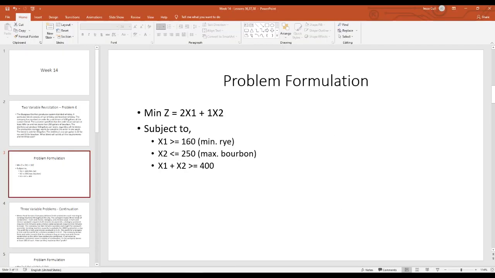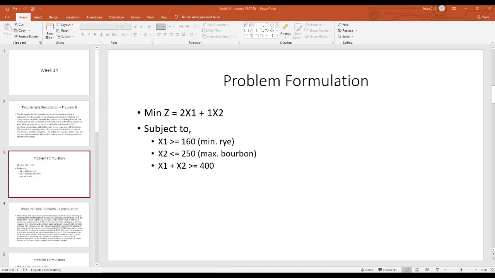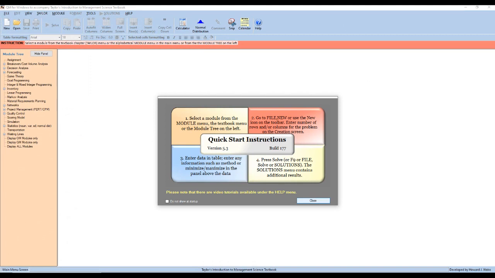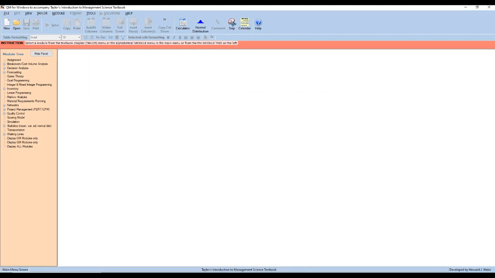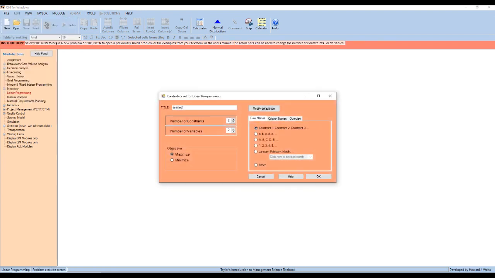Once we have this information, we open our QM. We click on Module, we go to Linear Programming, and we open a new file. We'll call it our whiskey example. Constraints we have, as we saw, 3 constraints and 2 variables.